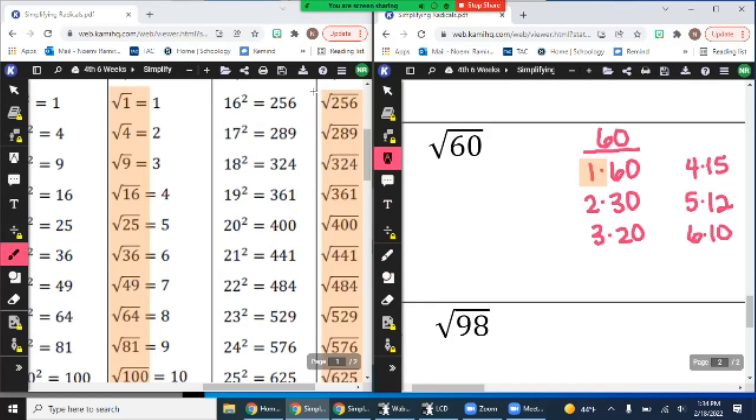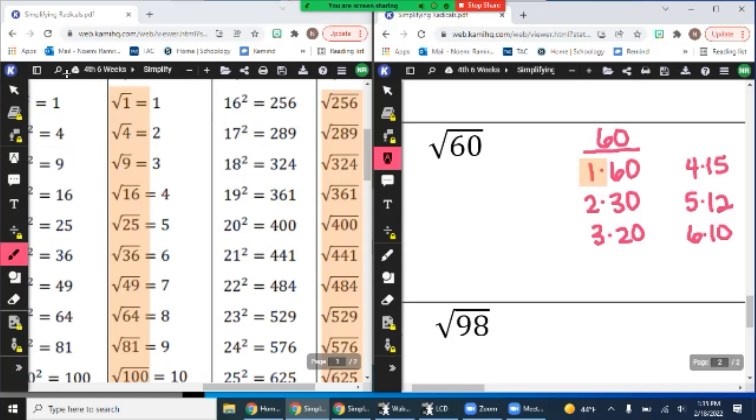Is 60 on the list? No, because we jumped from 49 to 64. Everybody see that? What about 30? No, we jumped from 25 to 36. You see that? What about 20? Nope, 16 to 25. Skip right over 20.